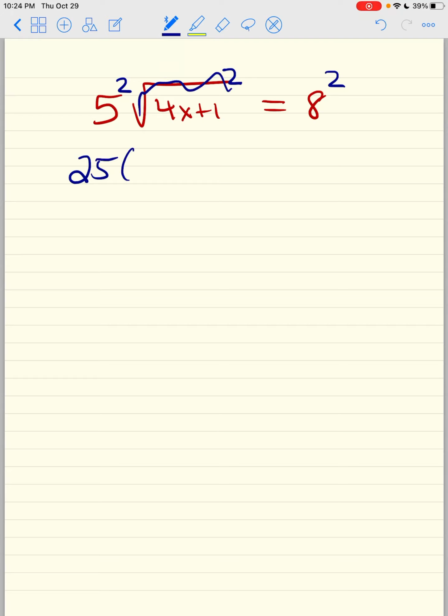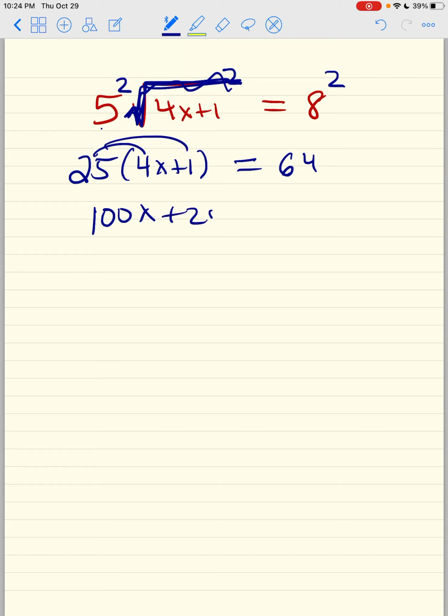Squares and square roots cancel each other out. And then 8 squared is 64. Because the 5 was originally stuck to this square root, you're basically multiplying. So you just figure out the rest by multiplying this, and I don't really care for the answer, but you just solve it regularly. And it's going to be easier so you don't have any fractions.